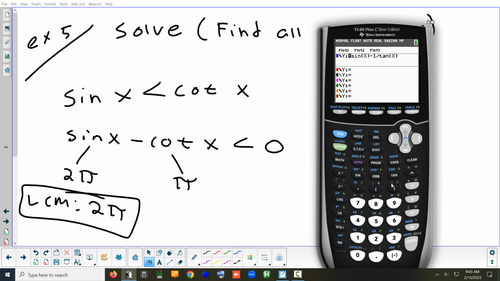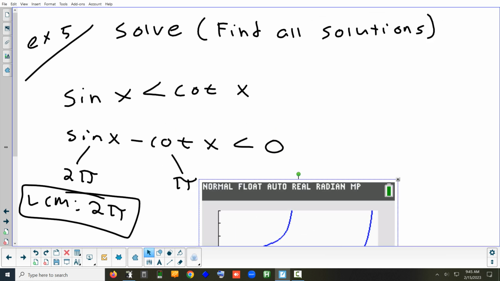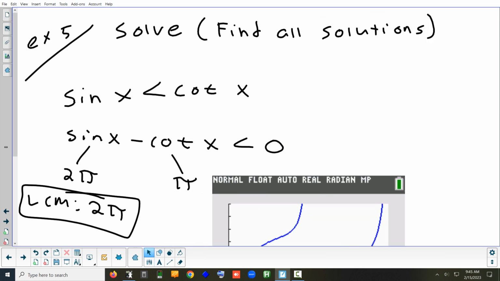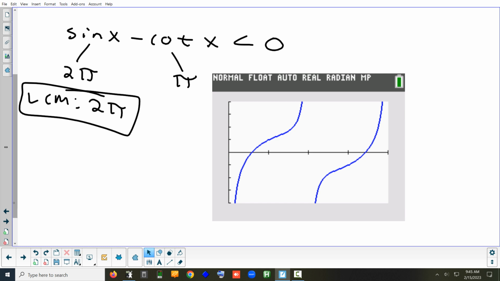And is that all I need? Yep, sine minus cotangent. Make sure your window is 0 to 2 pi. Basically been that the entire class. And let's hit graph. So we're looking for where it is below the x-axis. Now, what do you notice that this problem has that sine and cosine don't have?